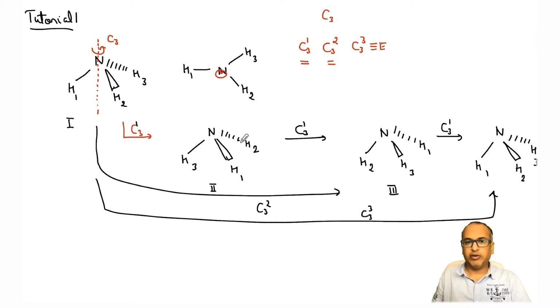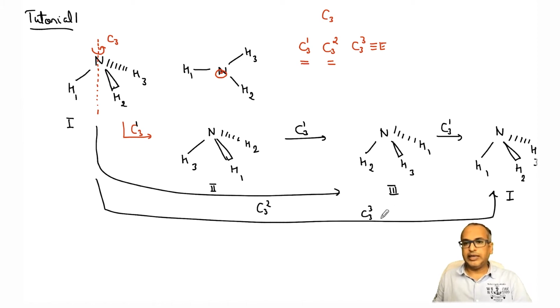This will be my C3 cube operation. One C3 done gives C3, 2 times C3 done will be called C3 square, and 3 times C3 done will be called C3 cube. Now this one has the same orientation of hydrogens as the first one, so I would call this an identical configuration. These two are equivalent to 1, whereas this fourth one is identical to 1.